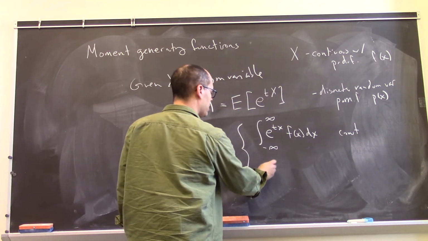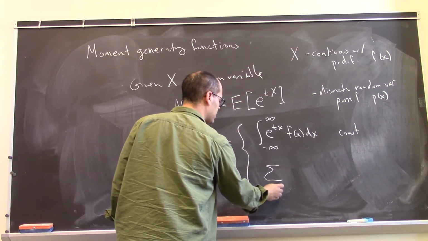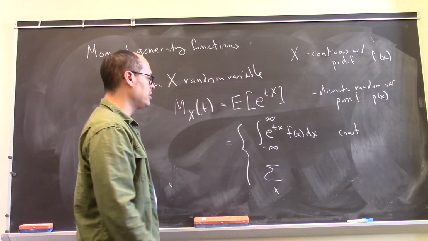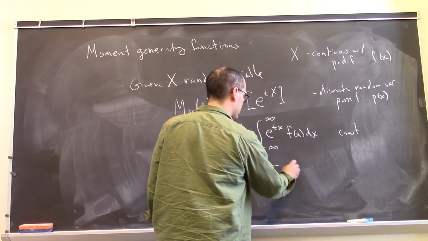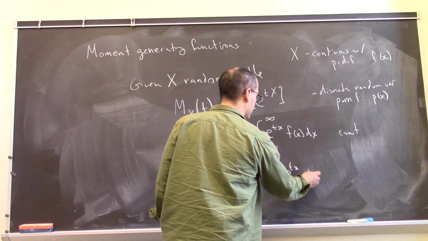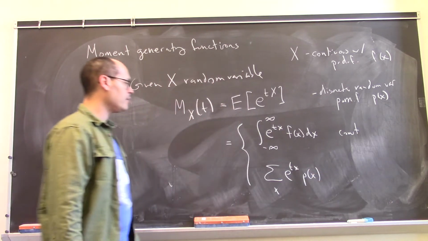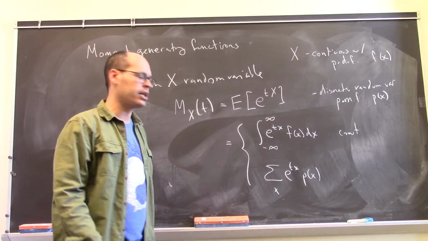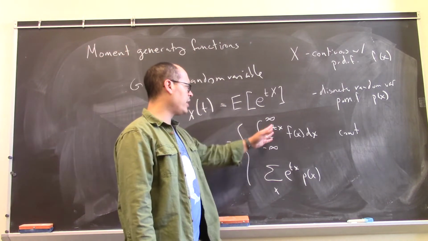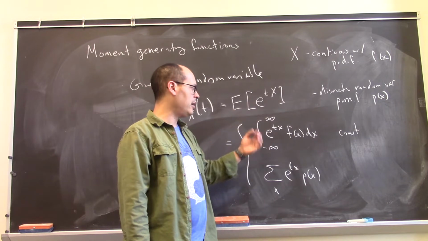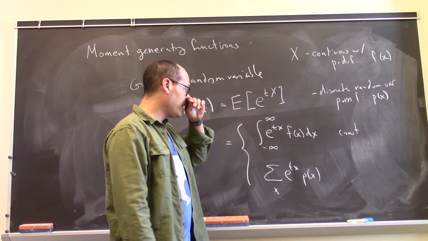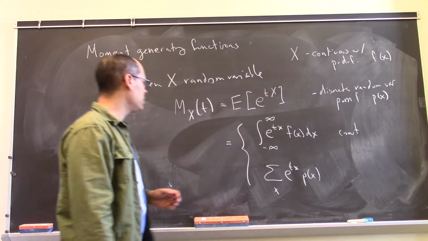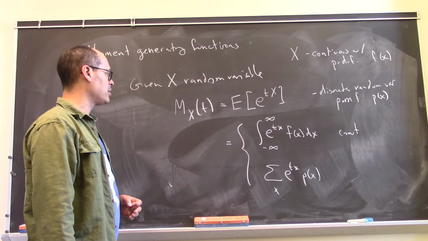And in the discrete case, we take a sum over all the discrete values that X can take, of this same expression, e to the tx times the mass function p of x. So concretely, this is what we're talking about. You give me some particular value of t, you can do this integral, or you can just do it by leaving t symbolically alone, etc. And the value that you get as a function of t is the moment generating function.